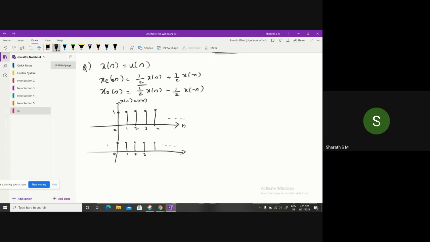So this is half into x of n. Now half into x of minus n.